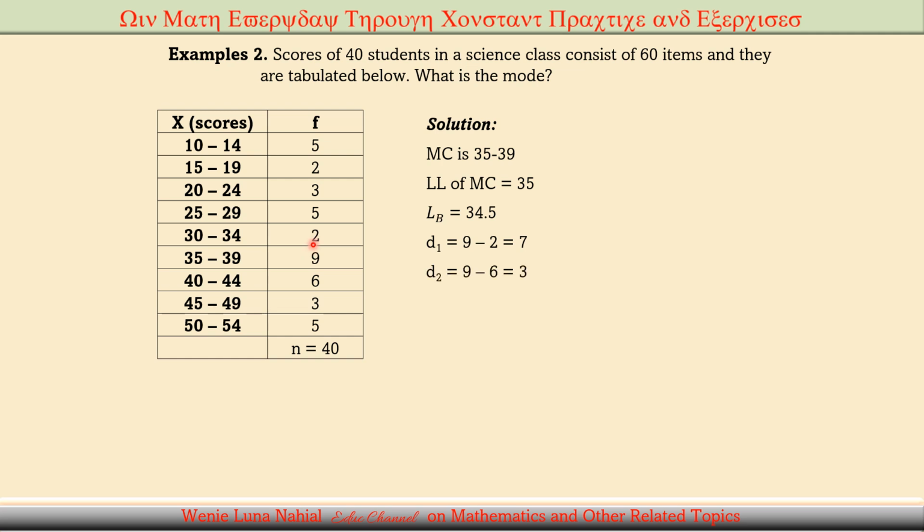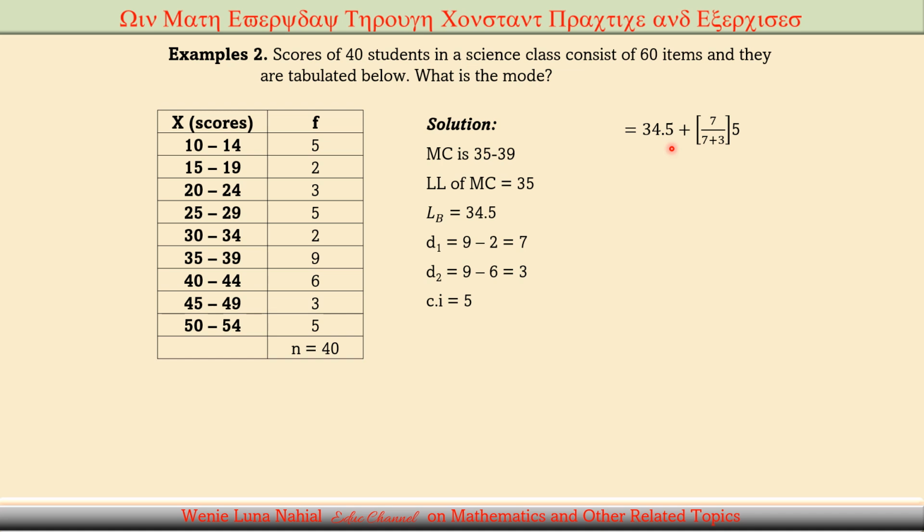Then D sub 2, that is the frequency of the modal class minus the frequency above it. Then the class interval is 5. So, after having known the necessary information and data, we can use now the formula.